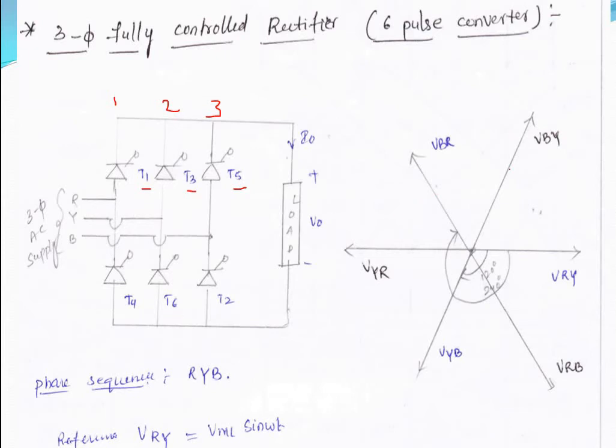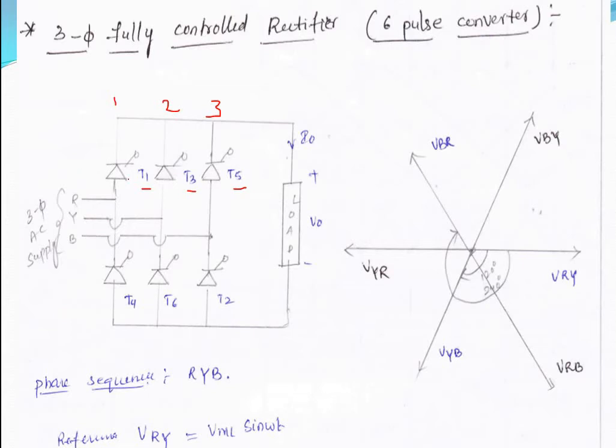In the phasor representation of these voltages, each phase is separated by 120 degrees. The phase sequence is R Y B. And at any instant, 2 valves are conducting in the bridge, one from the upper group and one from the lower group.